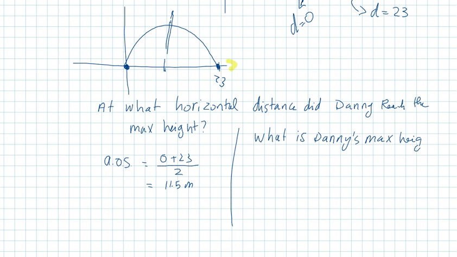What do you have to do to find his maximum height? You have to find the optimal value, and how do you find the optimal value? Plug in the axis of symmetry for t. The way to find it is not going to change.